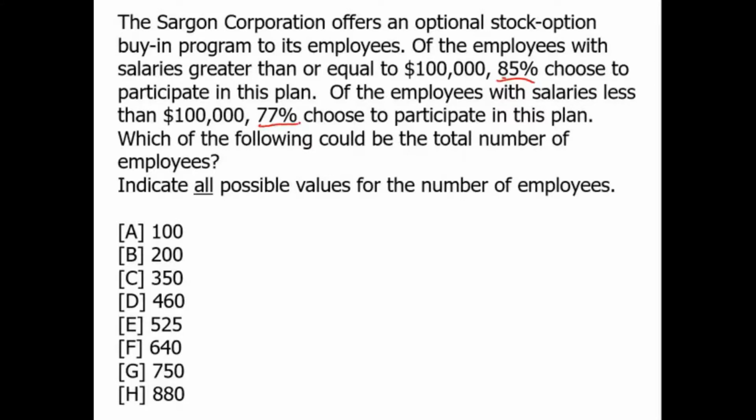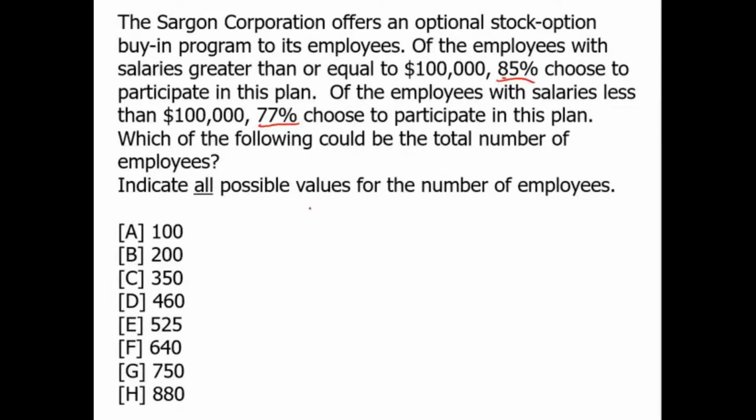In the real world, 77%, that could be a rounded number in the real world. That might be 76.8 or 77.3, something like that. On the test, in the strange world of the test, that 77% is exactly, mathematically, 77%.